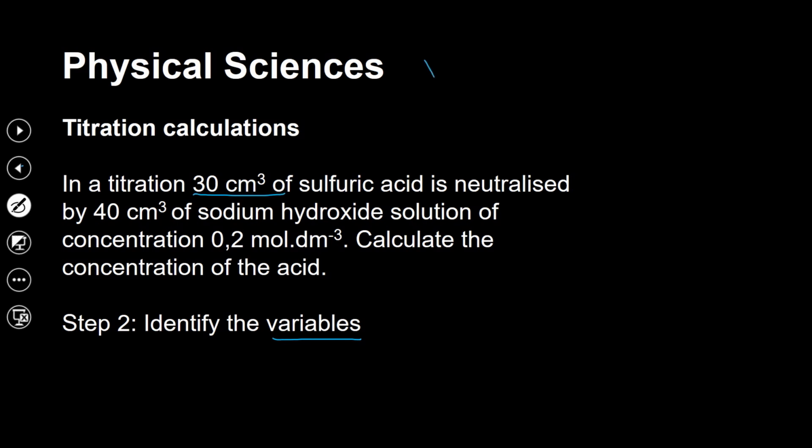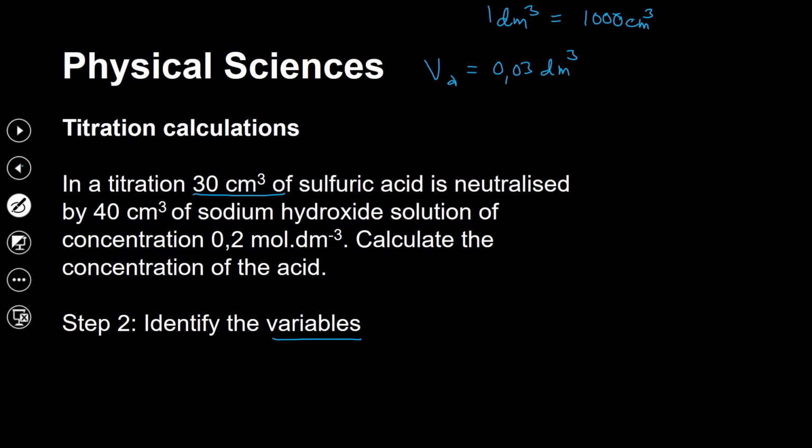If we can quickly do the conversion to SI units, because we know concentration is in moles per cubic decimeter, 30 cubic centimeters, which is the volume of acid, is the same as 0.03 cubic decimeters. So we divided that by 1,000. But where does that come from? 1 cubic decimeter is equal to 1,000 cubic centimeters, right?